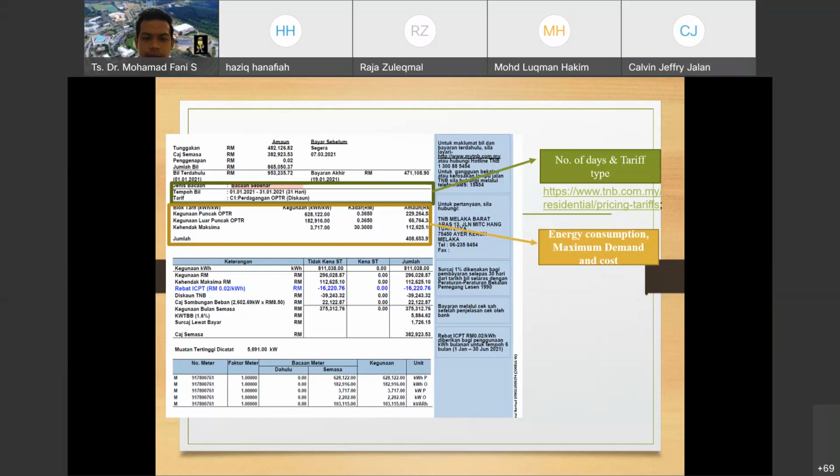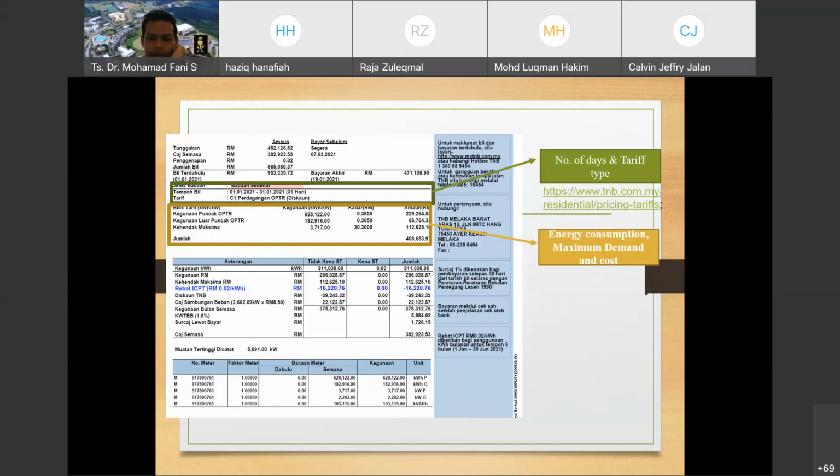If we are able to improve the load factor, we are able to get the discount of about 20% for the off peak. So 0.365 multiplied by 80%, we can get the amount of the discount there. But basically, we have the maximum demand charge and the kilowatt hour charge, which is the energy consumption charge.